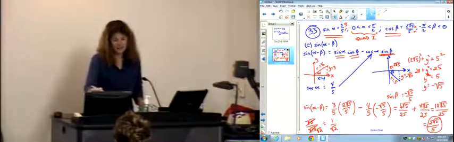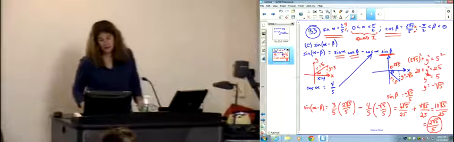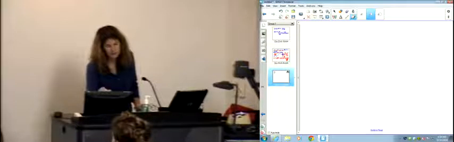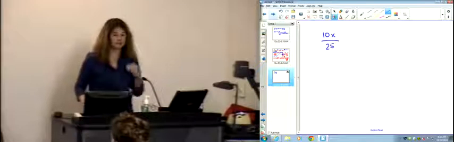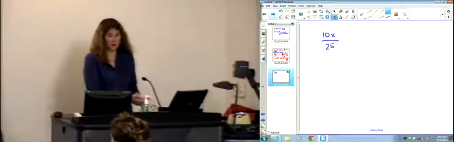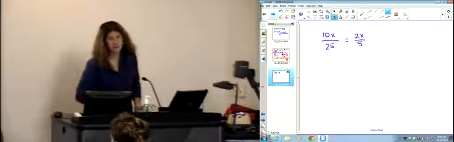Okay. It's kind of like this. If I had this, it's the same idea, except that the square root of 5 is in place of the x in what we were looking at. But, you know, if we had this, then we'd change it to 2x over 5.